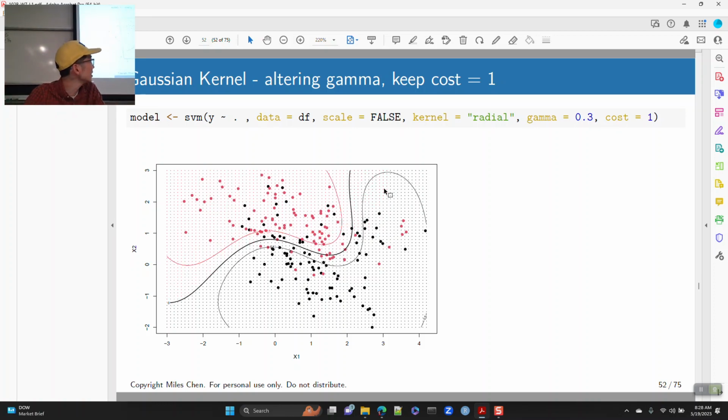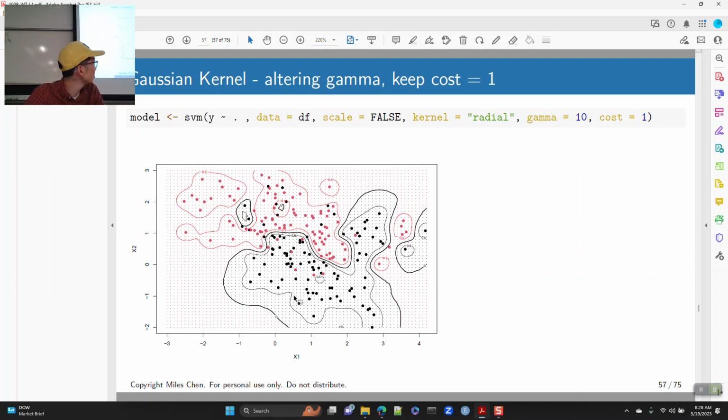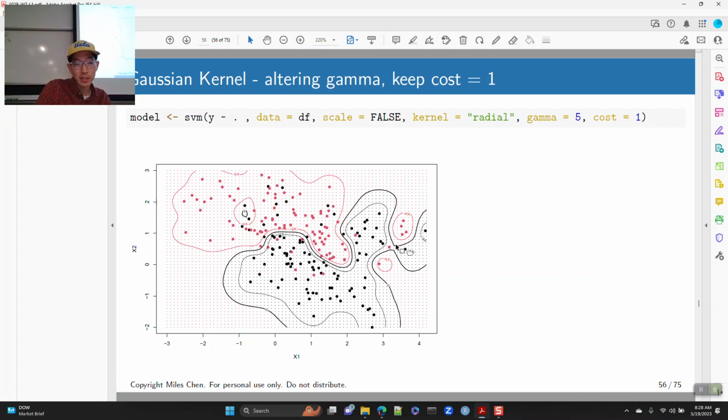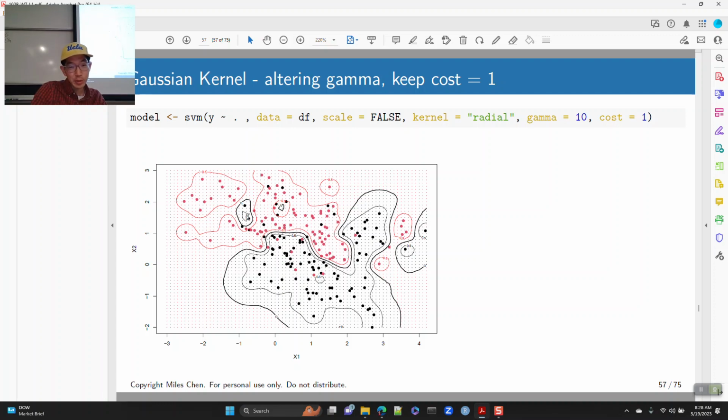As I increase the gamma, the borders get more and more flexible. So here it is at gamma 10, and I have this very flexible boundary, and I can have these tight little turns and corners. We also get these little pockets and enclaves as I increase my gamma to be really high.